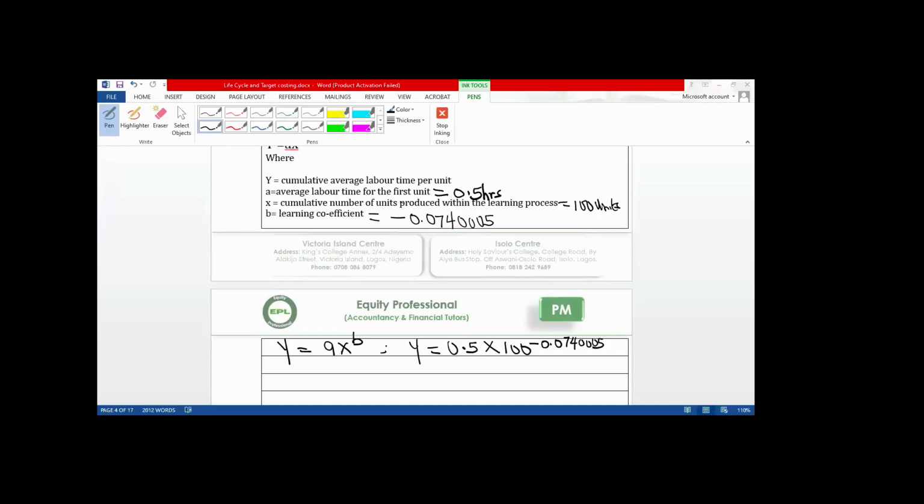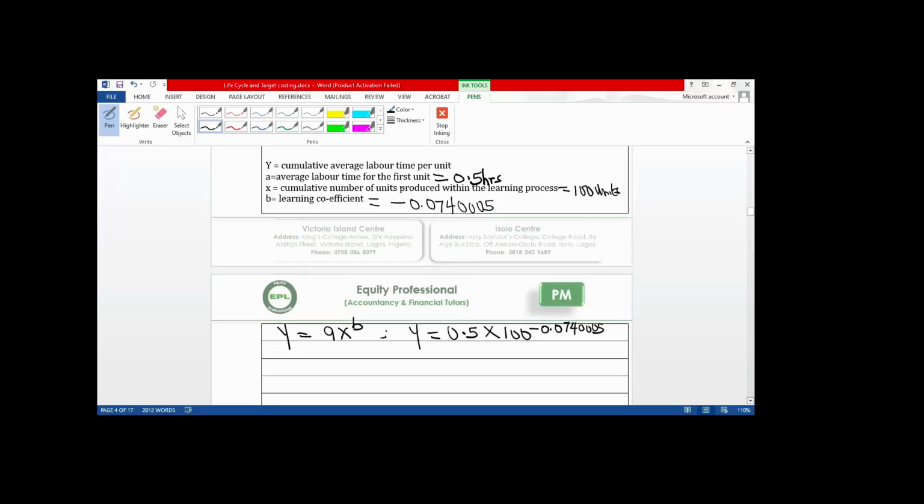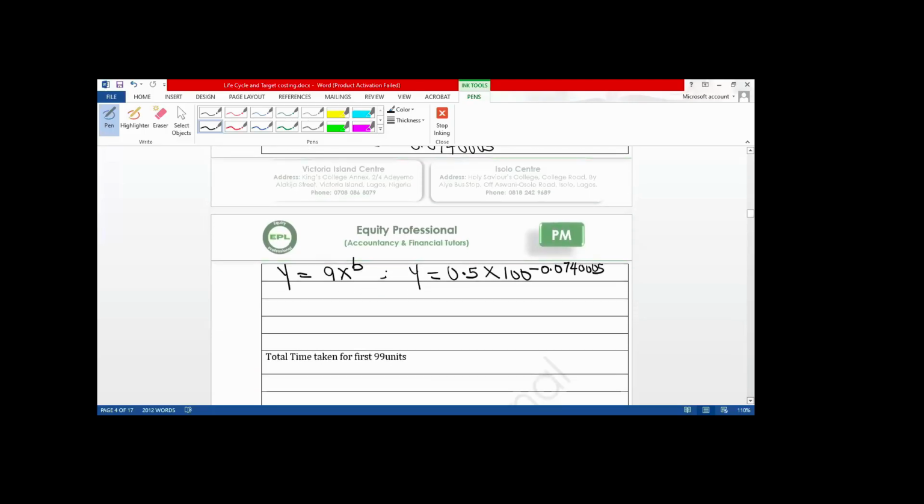At times, the examiner may not give you the learning coefficient. You might be required to calculate it yourself.